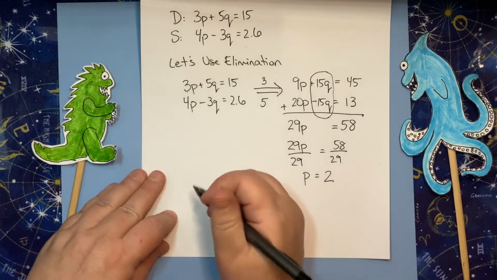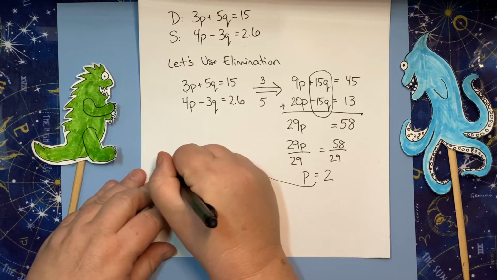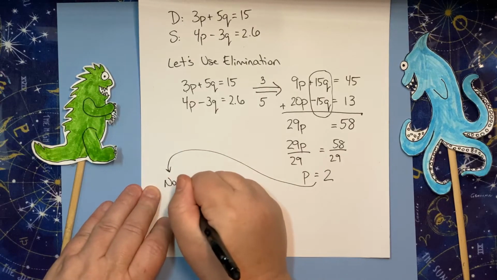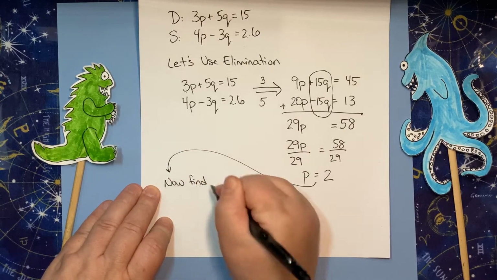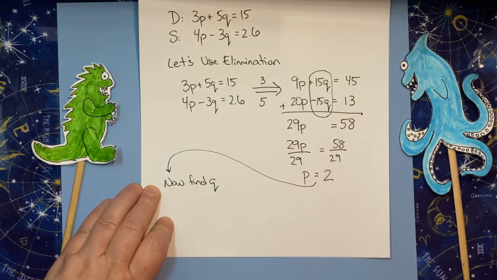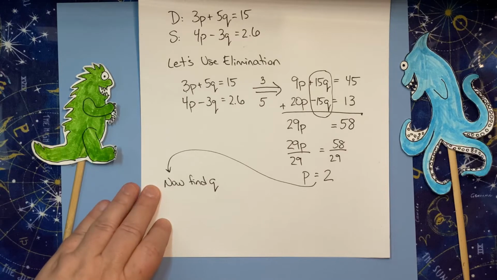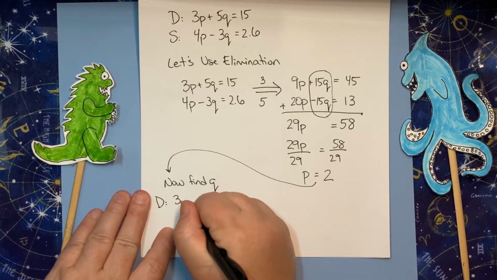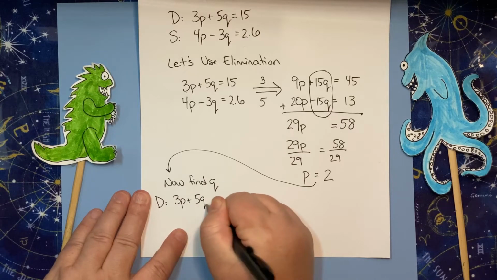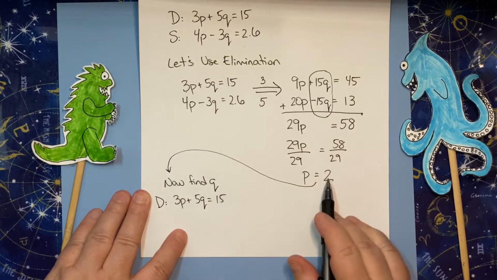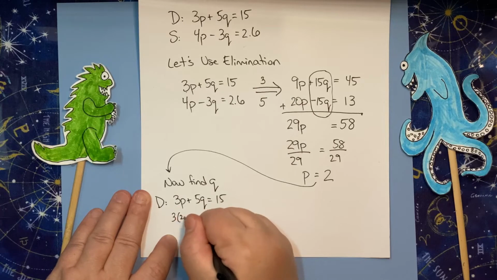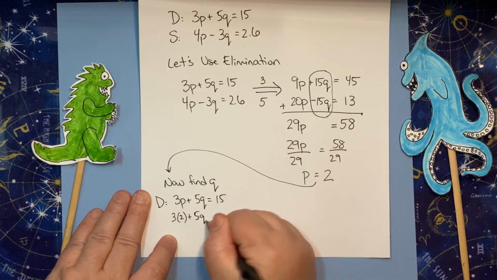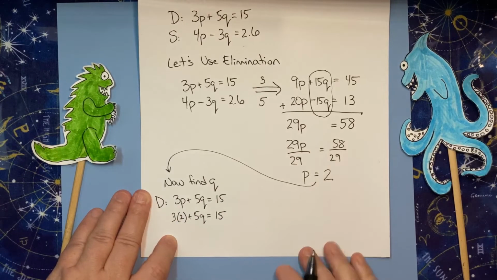So now we need to find Q. Okay, so for Q, I can pick either equation. I'm just going to go ahead and pick the demand equation. 3P plus 5Q equals 15. If P is 2, then I've got 3 times 2 plus 5Q equals 15.